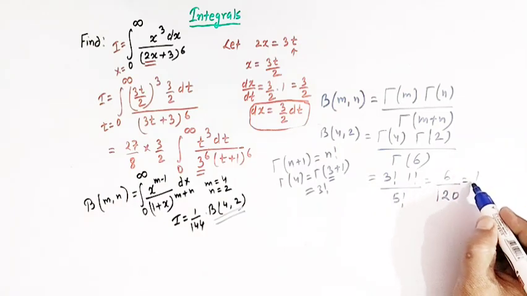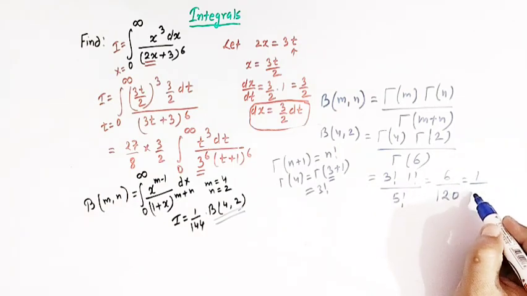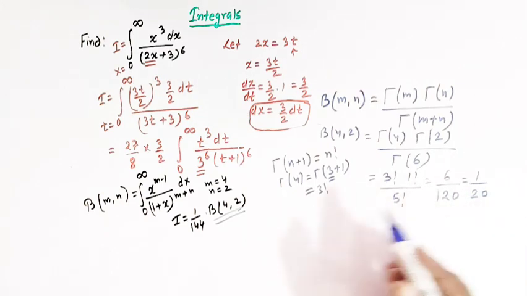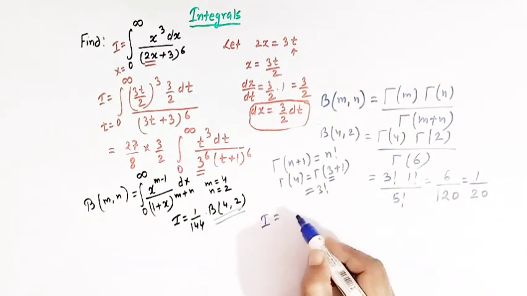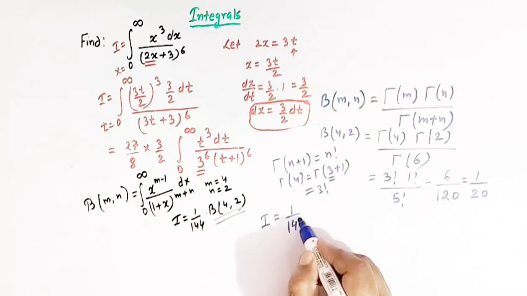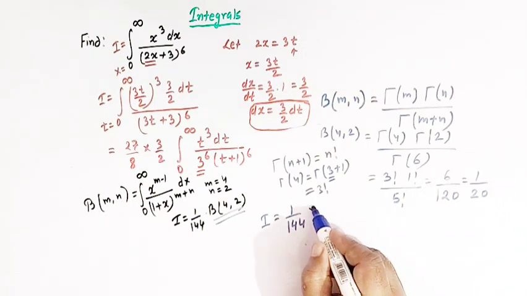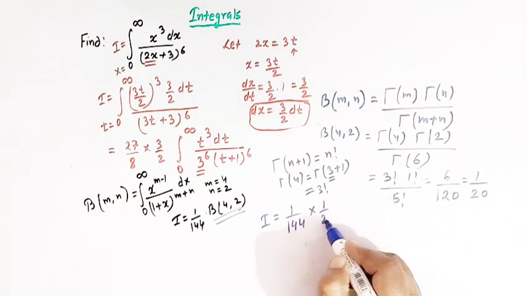So this is 6 over 120, so we have 1 over 20. So beta of 4 comma 2 is 1 over 20. Now the value of I is 1 over 144 times 1 over 20.